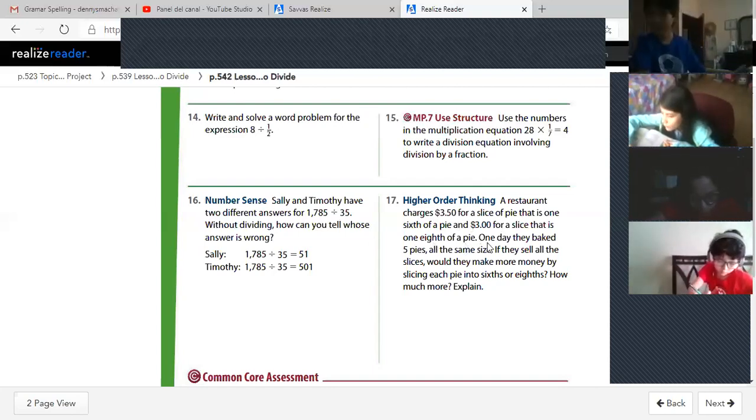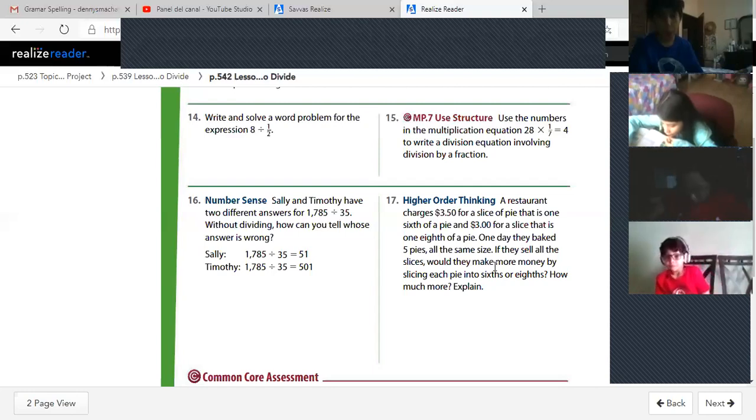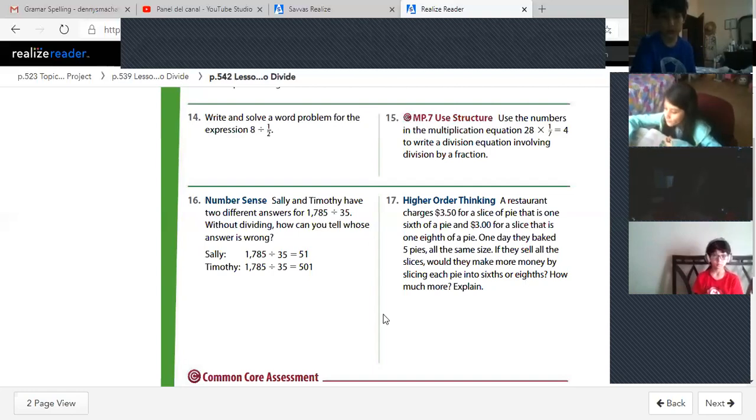One day they baked 5 pies, all the same size. If they sell all the slices, do they make more money by slicing each pie into 6 or 8? How much more? Explain.